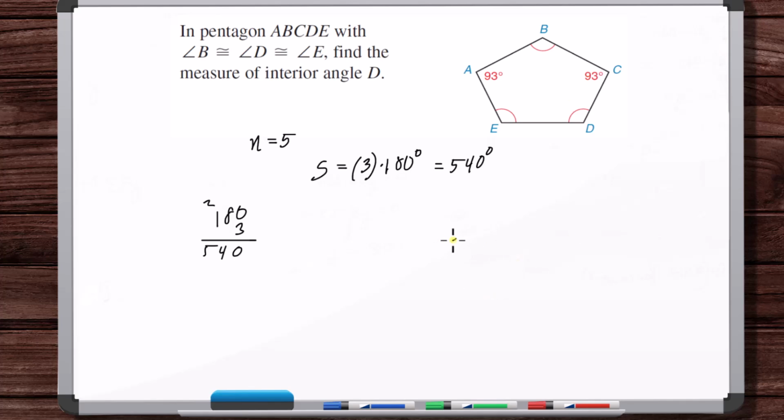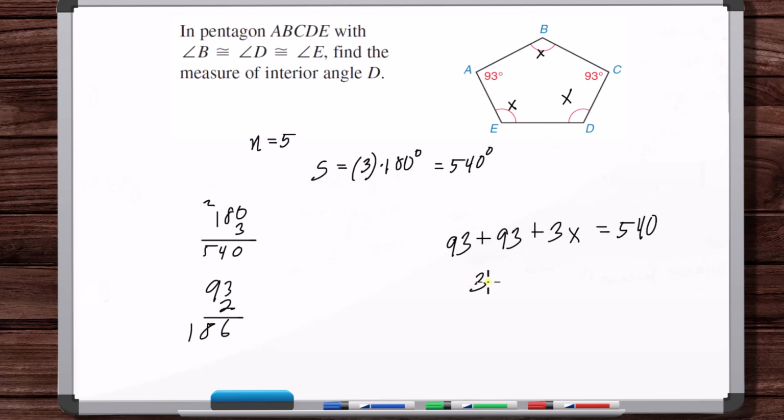So with that, since these are all the same, we can say that the measure is x. So if we have 93 plus 93 plus 3x, that's going to be equal to 540. There we go. So now let's just solve for x. So 93 times 2, 9 times 2 is 18, so 186. So 3x plus 186 is equal to 540.